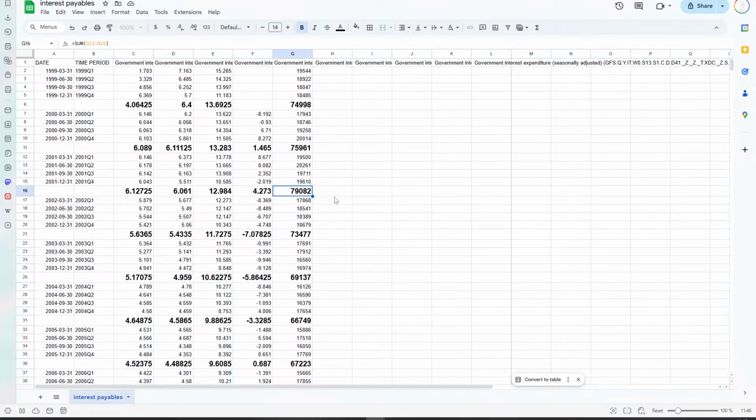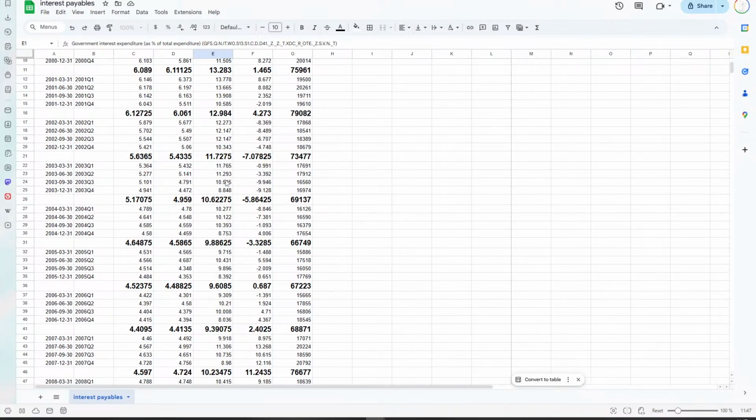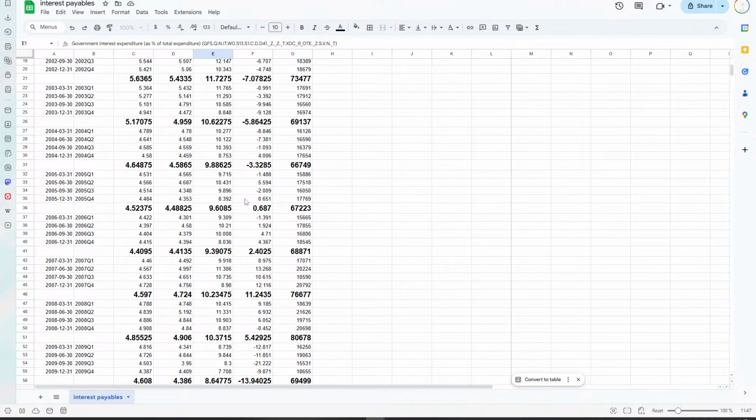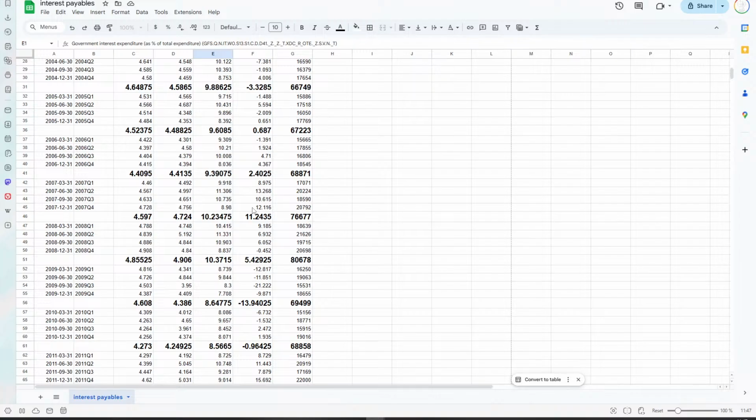2001 recession, so high cost of debt. So let's see. Okay, interest expenditure as a percent of GDP. The flow, the stock, and the total expenditure.